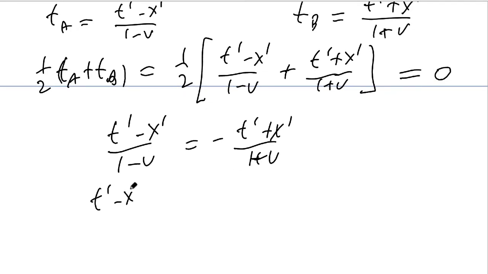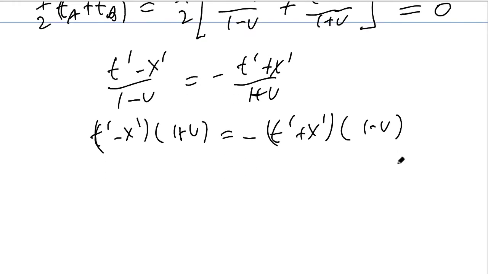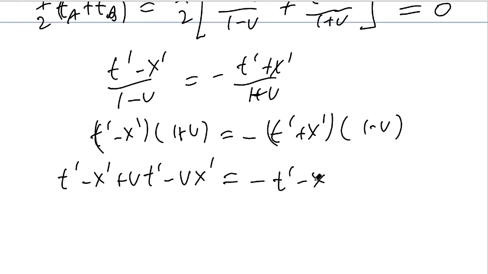We have t prime minus x prime times 1 plus v equals minus t prime minus x prime times 1 minus v. Okay, expanding that out, we have t prime minus x prime plus v t prime minus v x prime equals minus t prime minus x prime plus v t prime plus v x prime.